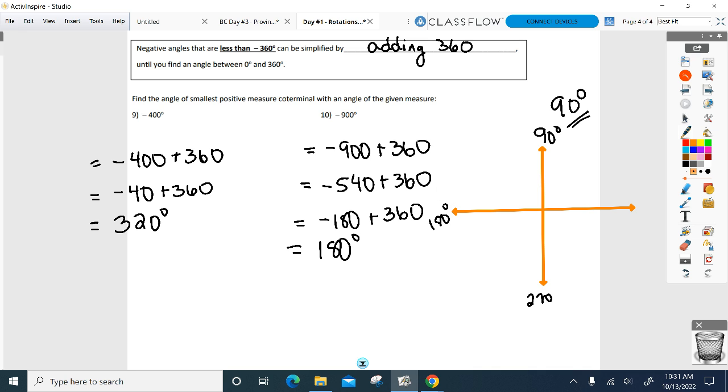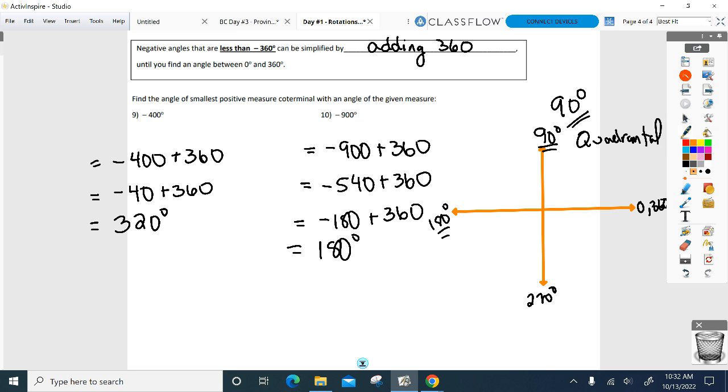What we call an angle that always lands on one of the lines and not in a quadrant: a quadrantal angle. It's called a quadrantal angle if it ends up on the line.